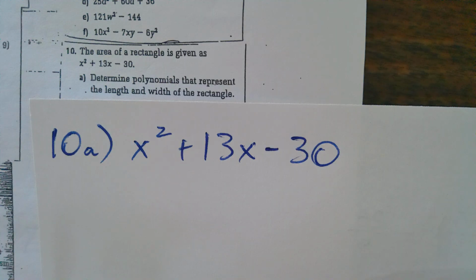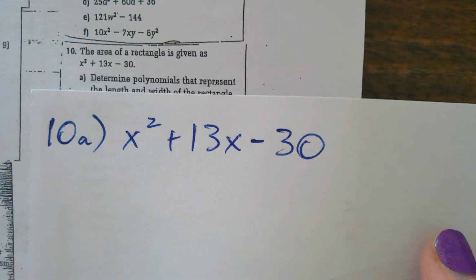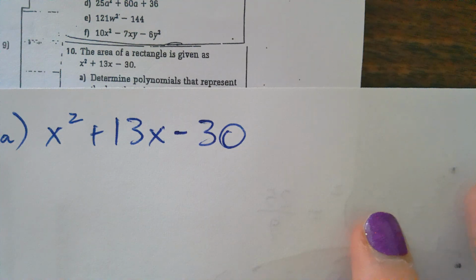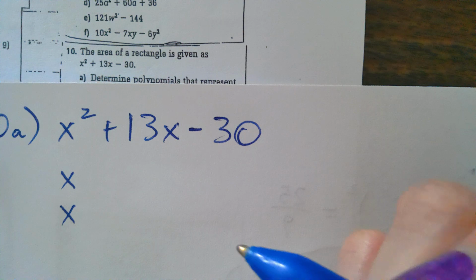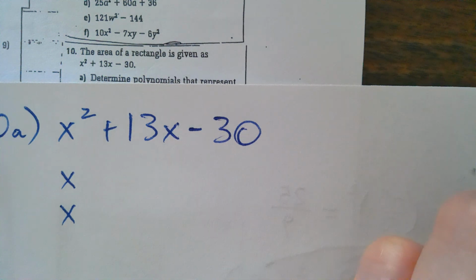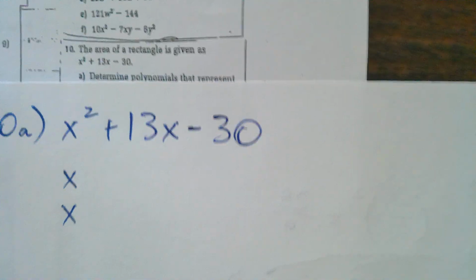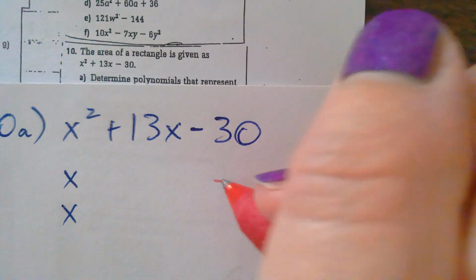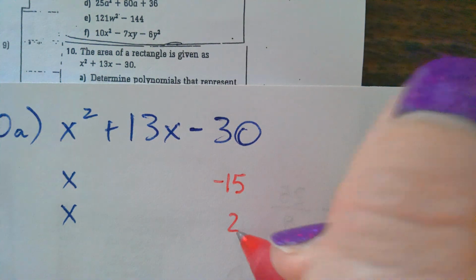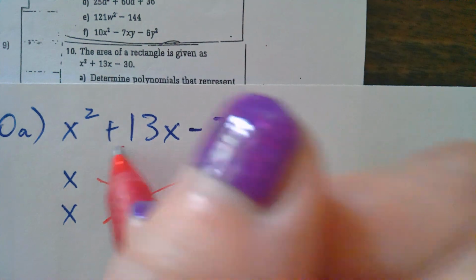Okay, Rashawn, what times what gives me x squared? X. Yep, x times x. Okay, Leandro, what times what gives me negative 30? Negative 15 and 2. When I cross multiply, do I get positive 13x?